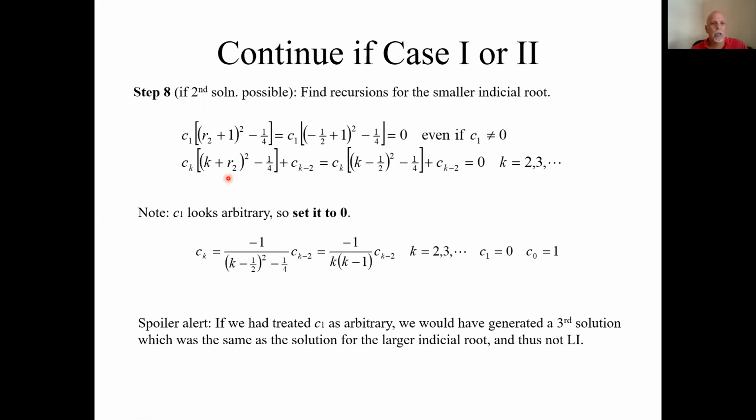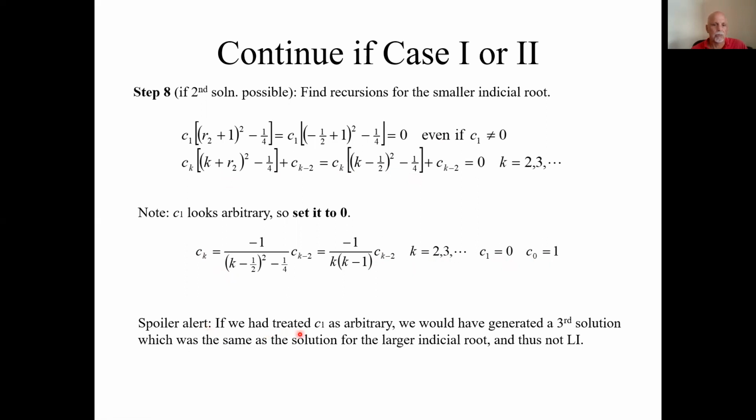And then we have the remaining recursive relationship for this smaller initial root. And we get this relationship for k equals 2 and up. But now C0 equals 1 and C1 equals 0 because we set it to 0 because it looked arbitrary.